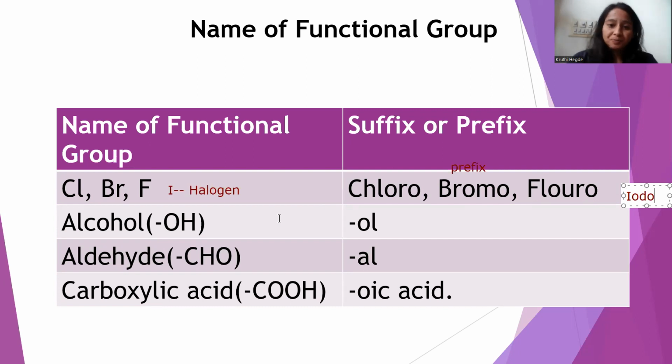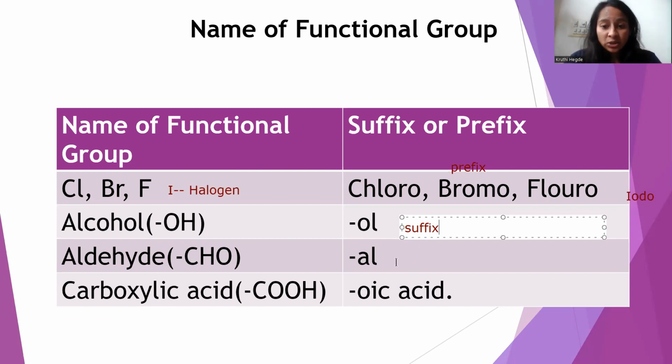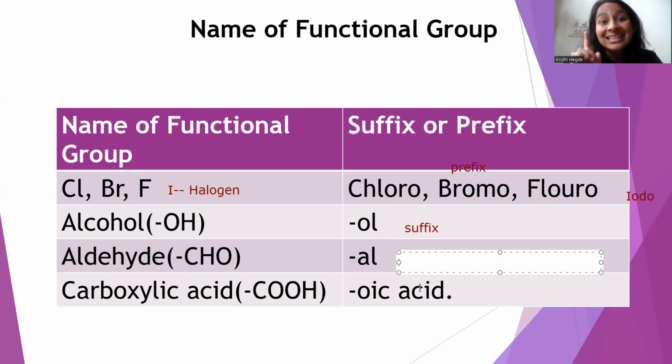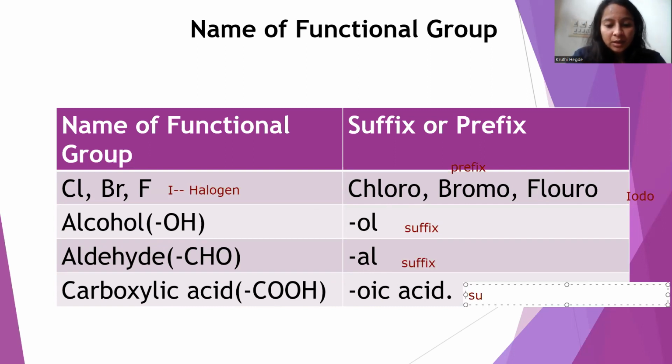Now if the functional group is OH, that is alcohol, then it is used as a suffix. If aldehyde, CHO, it is also used as a suffix. Alcohol gives the suffix OL, aldehyde gives the suffix AL. If it is carboxylic acid, COOH, then the suffix is oic acid.